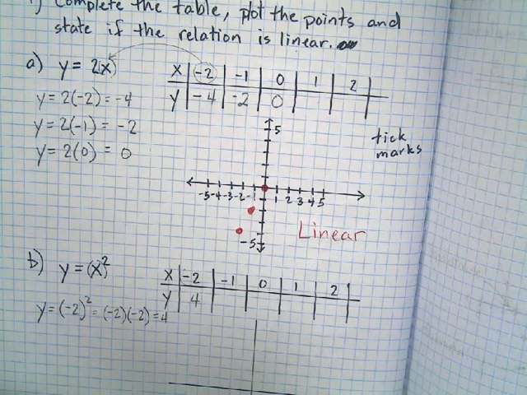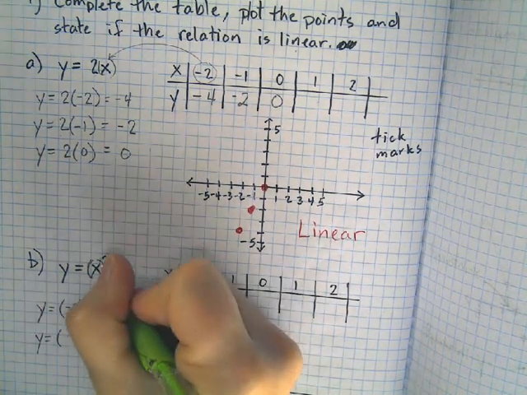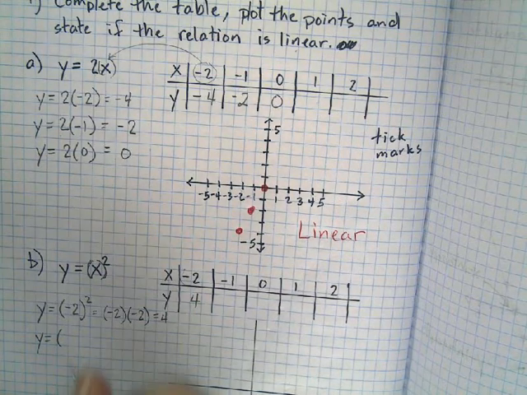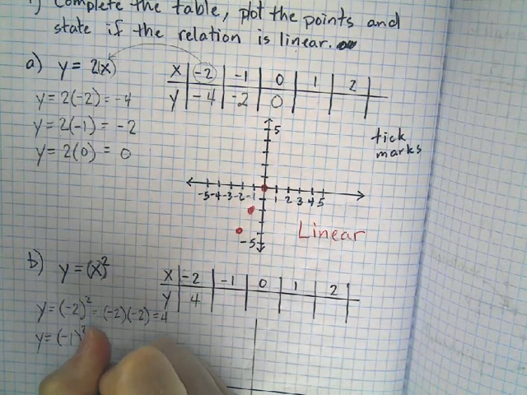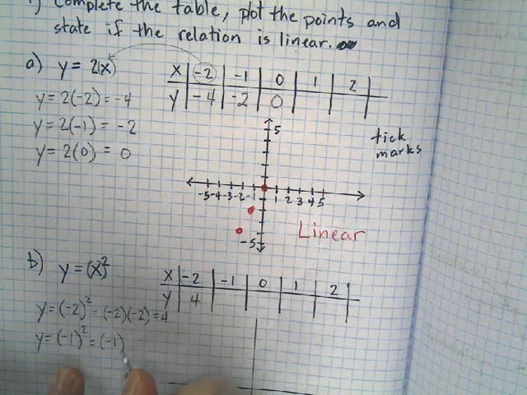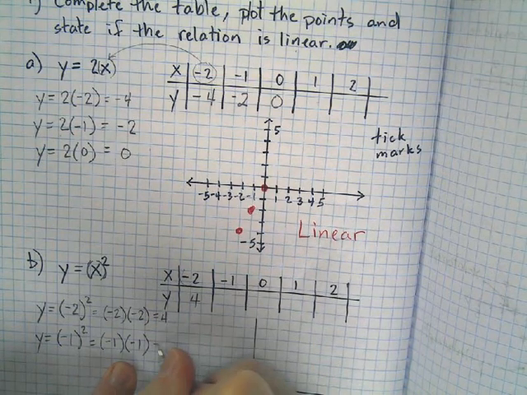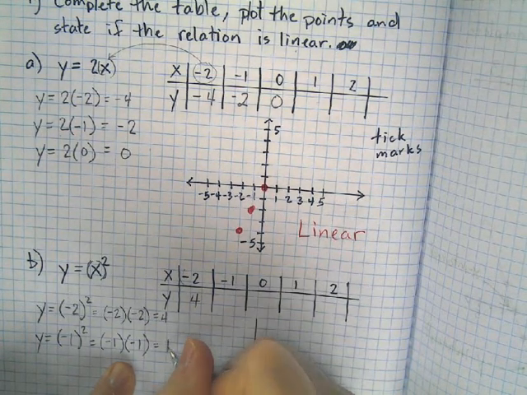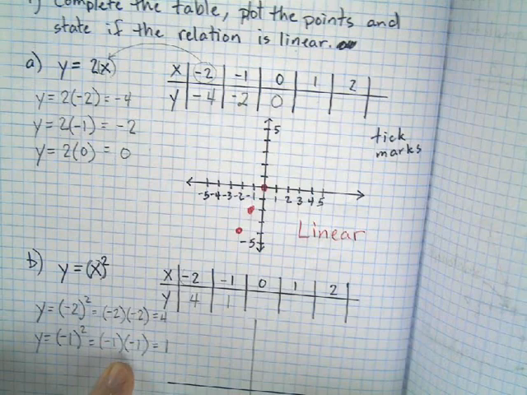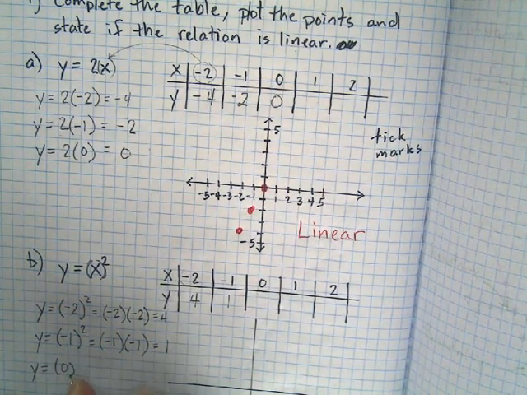Okay, the next one is -1. So in my parentheses, remember where the x goes, I put it in parentheses. -1 squared. So that's -1 times -1. Negative times negative is a positive, so that would be 1. And then I'll do 0. Y equals 0 squared.